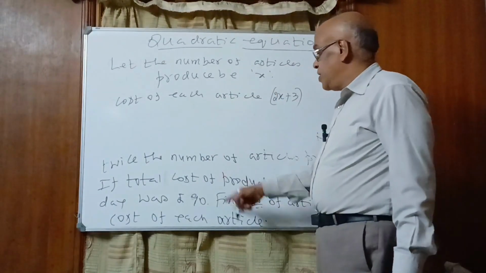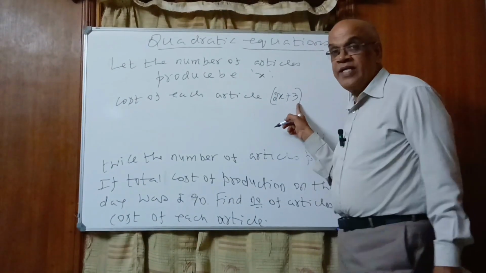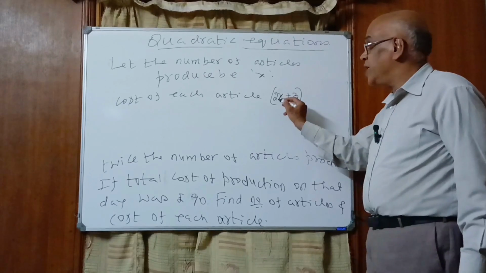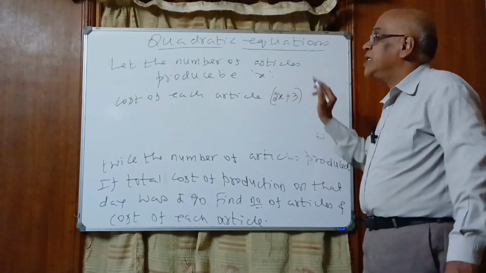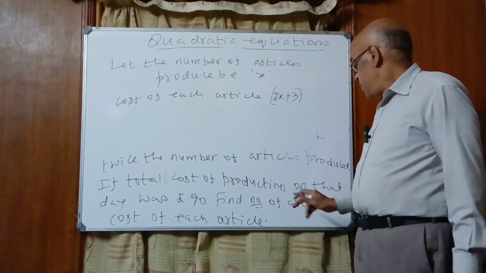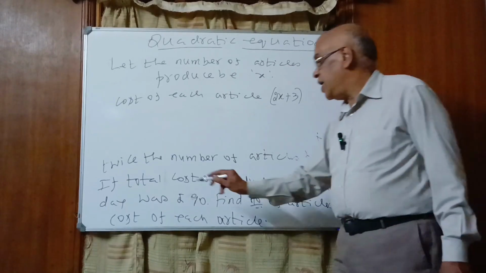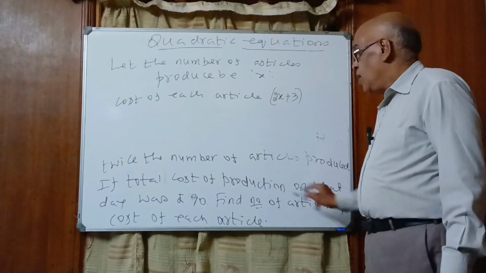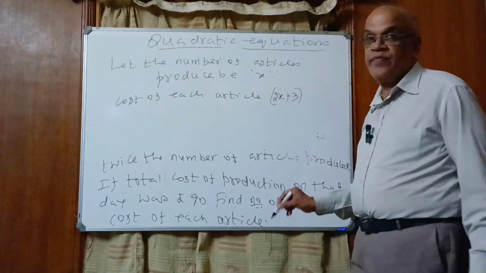And what is the cost given in the question? 3 more than twice. Twice means 2 times the articles produced. Then on a particular day, the total cost of production was rupees 90. Understood?